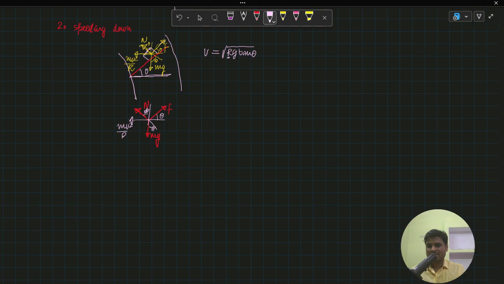That should be N cos θ, and because of the frictional force, f sin θ. Weight always acts downward towards the center of the earth, and the other two forces are f cos θ and N sin θ.